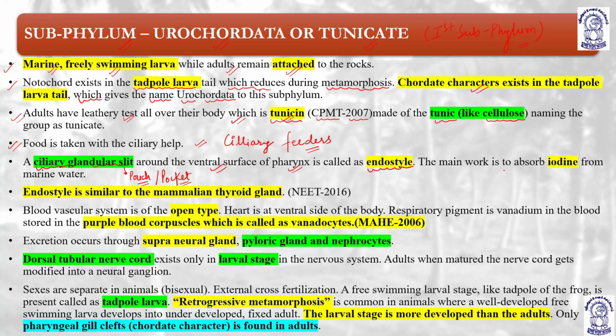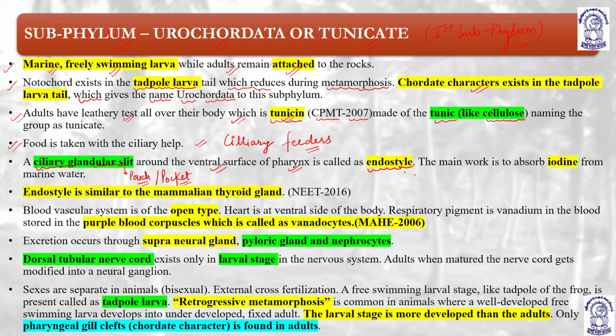The main work is to absorb iodine. When you compare yourself with these urochordates or tunicates, just in front of your pharynx you have a gland. That gland is the thyroid gland, right? So they also have a structure which behaves like a thyroid gland, known as endostyle.